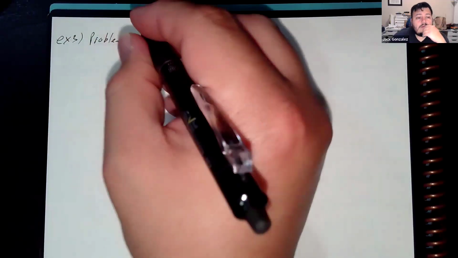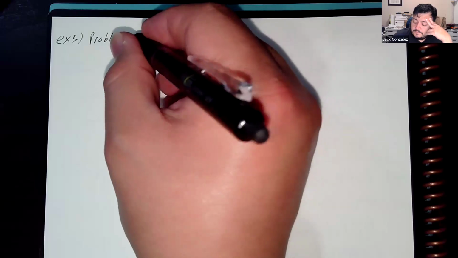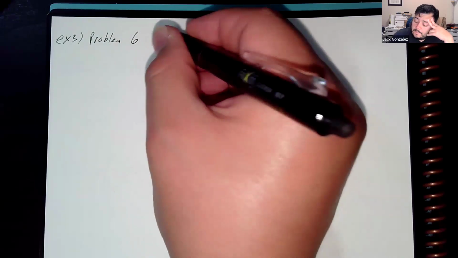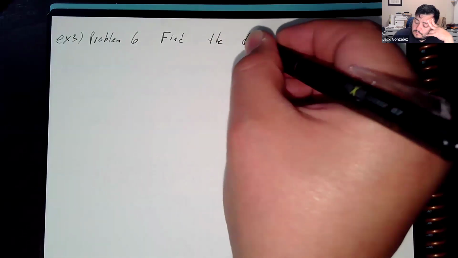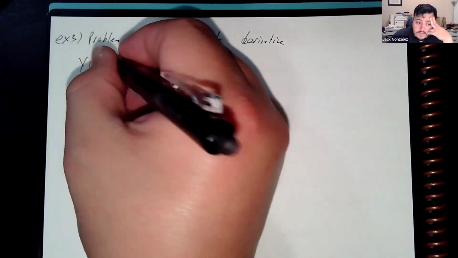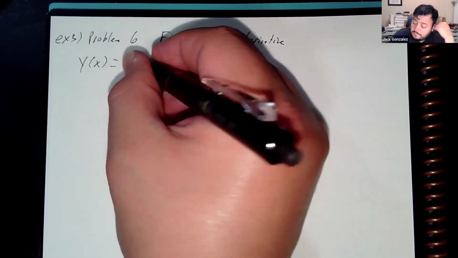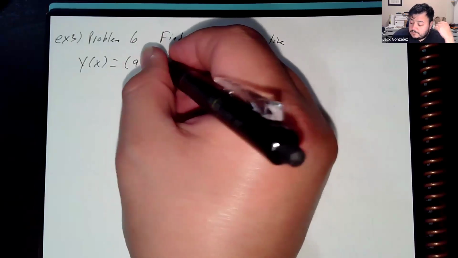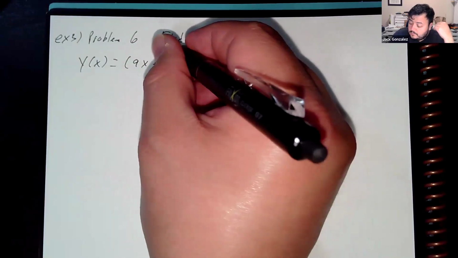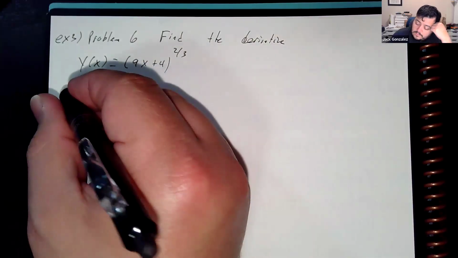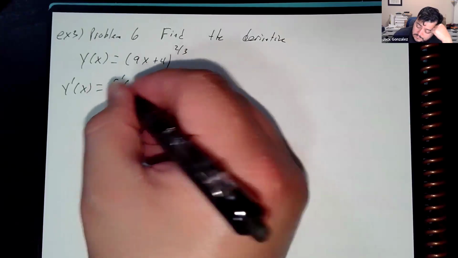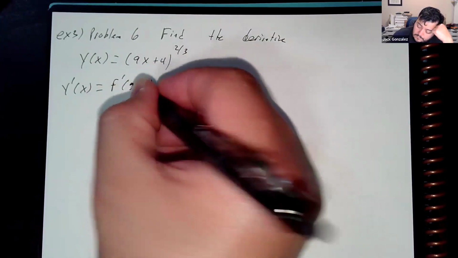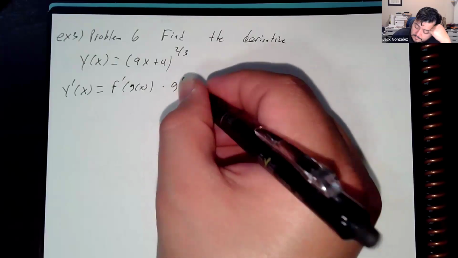Let's do another one. Very similar one till we get comfortable. Find the derivative. So I'm just going to keep calling them y. That way we can use the same formulas. So we said y prime is equal to the derivative of the outside times the derivative of the inside.